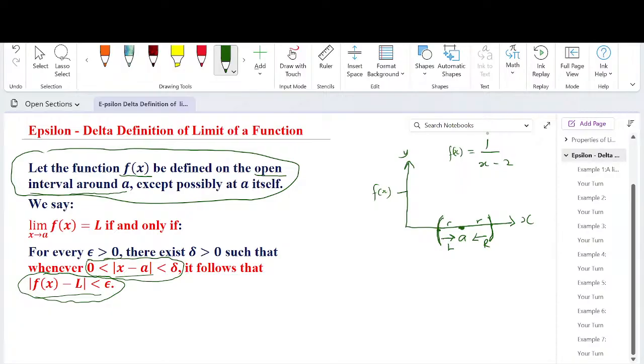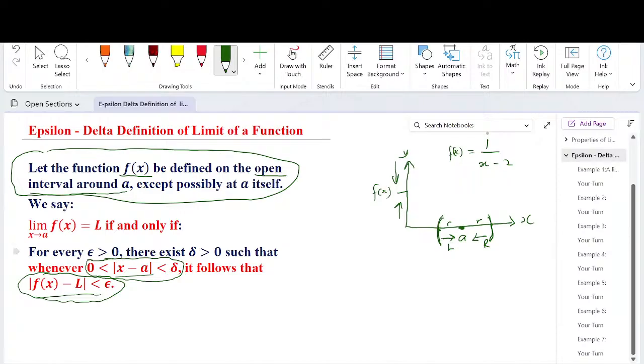That is, if you are getting closer to A, either from the left or from the right, you'll be getting closer to the limit of the function. That is the informal way of defining it.